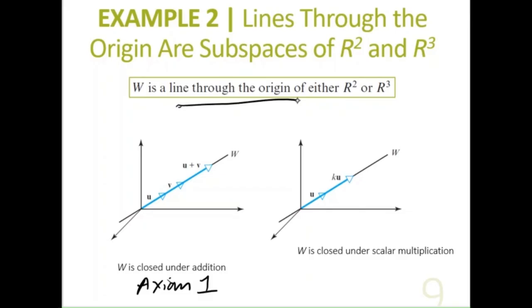In the second picture, if we multiply a vector on the line by a scalar k, that produces another vector along the line W. Here we have u multiplied by a scalar k to get ku, which could be anywhere along the line W depending on how big or small k is. We'd say that W is closed under scalar multiplication, or axiom 6.